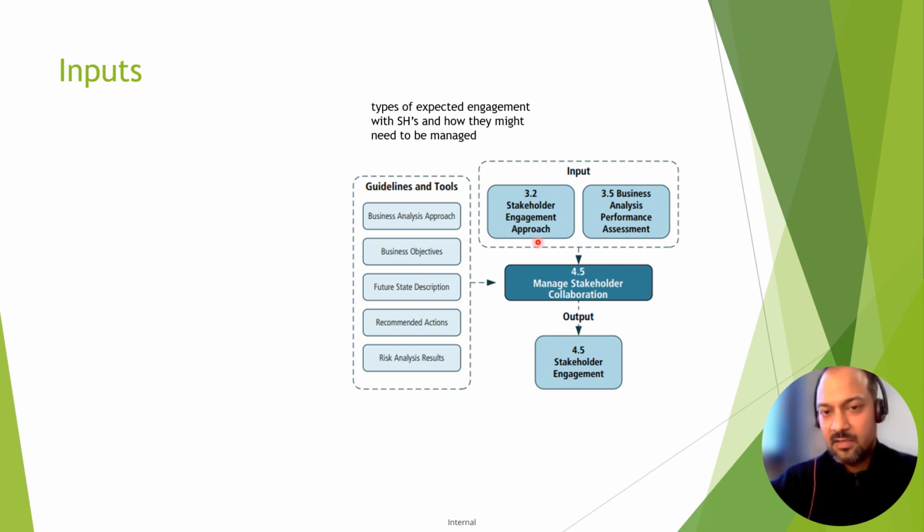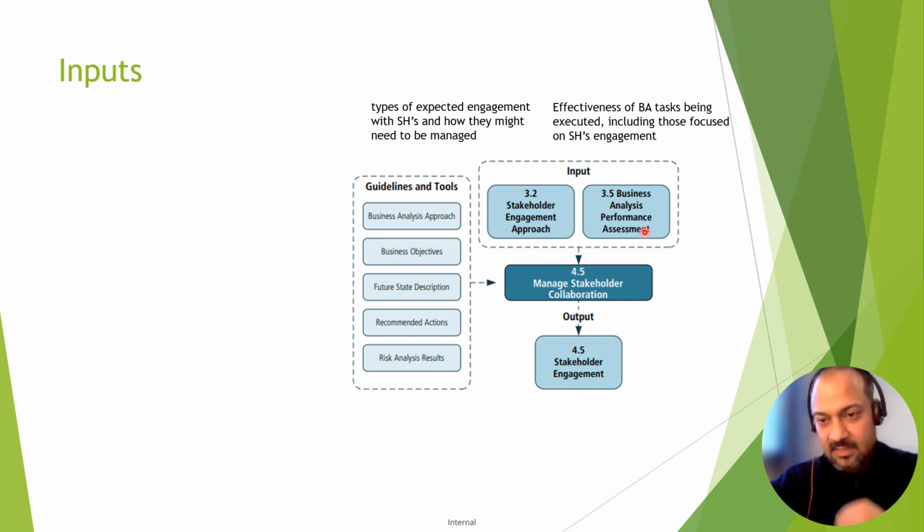So first, the stakeholder engagement approach. It covers the types of expected engagement with the stakeholder and how they might need to be managed. From that influence impact matrix quadrant, you might relate this. Then we have the business analysis performance assessment.